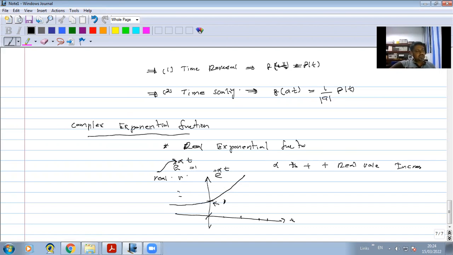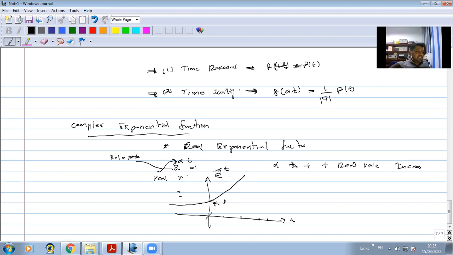You know that this e is what we call the Euler number, no? It has a value, but I can't remember it. You can find it on the internet. So this is the exponential signal when alpha is a positive value.